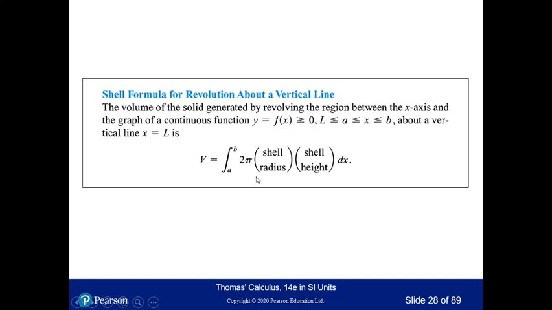So 2 pi times the shell radius is the circumference of this box. And then if you multiply by the shell height and then by dx, delta x, this is going to be the volume of this rectangular box. Then you integrate from a to b, and you get the volume of the whole solid.